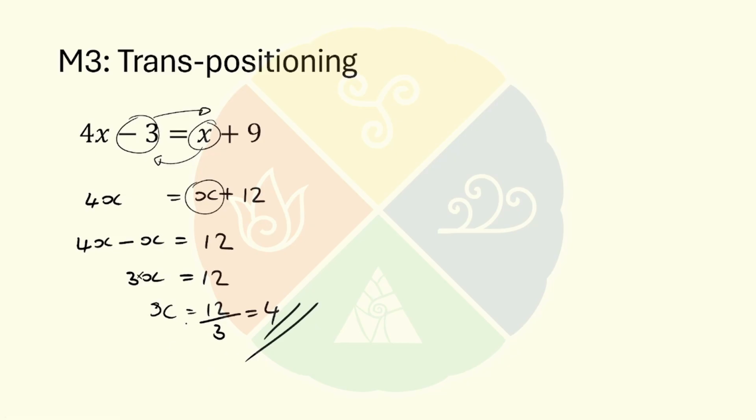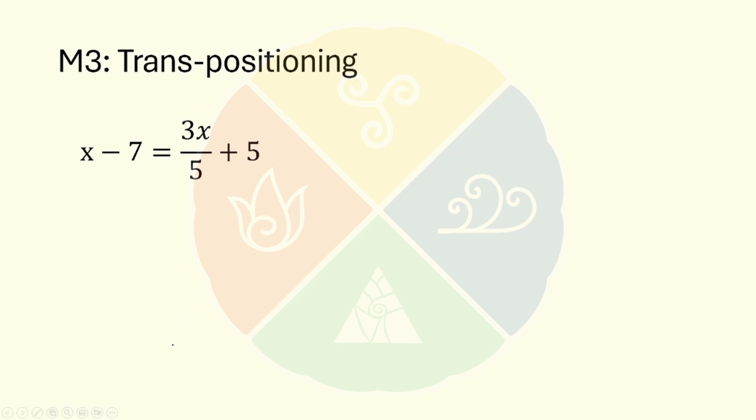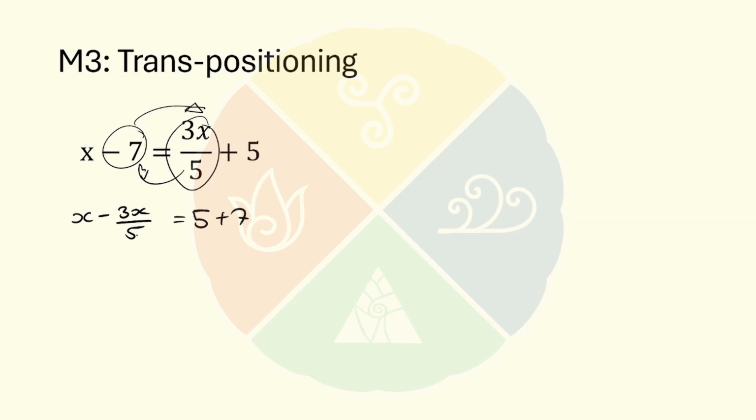One more problem. Find the answer for this. You can pause the video and try to find the answer. I'm also going to solve. Minus 7 will go to the other side. This guy will come to this side. So you will get x minus 3x by 5 is equal to 5 plus 7. 5 plus 7 is nothing but 12.